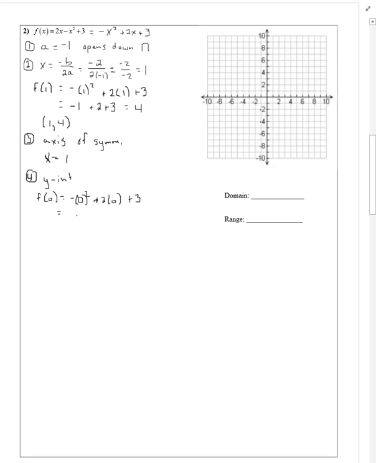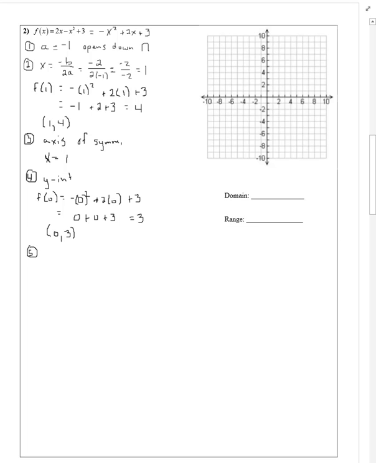The negative doesn't matter. 2 times 0 is 0. And then we have a plus 3, which is 3. So our y-intercept is the point 0, 3.